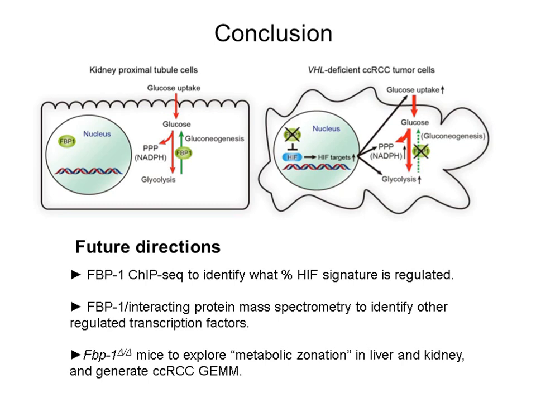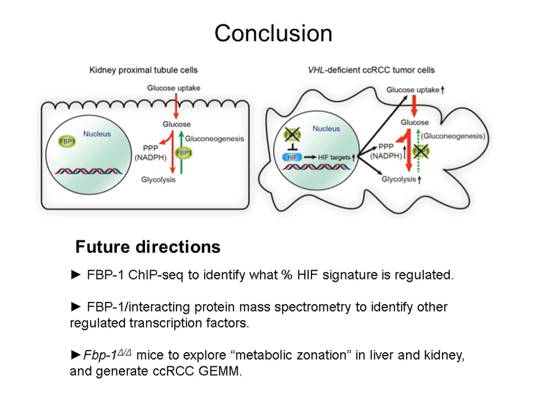We've been able to show that there's a similar relationship between the related factor FBP2 and muscle-derived tumors such as sarcomas. And then finally, we've now established a conditional allele of FBP1 to explore the relationship of FBP1 and HIF and metabolic zonation in liver and kidney, where certain oxygenated regions engage in gluconeogenesis, but poorly oxygenated regions instead promote glycolysis.